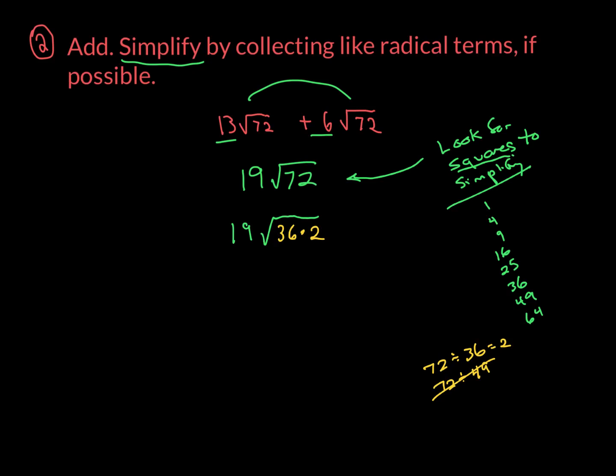And then I'm going to put a line through the 36 because the square root of 36 is actually something we know. And the square root of 36 is 6, so I'm going to put that on the outside and multiply it by 19. So now we've got 114 square root of, and the only thing left inside that square root is 2.